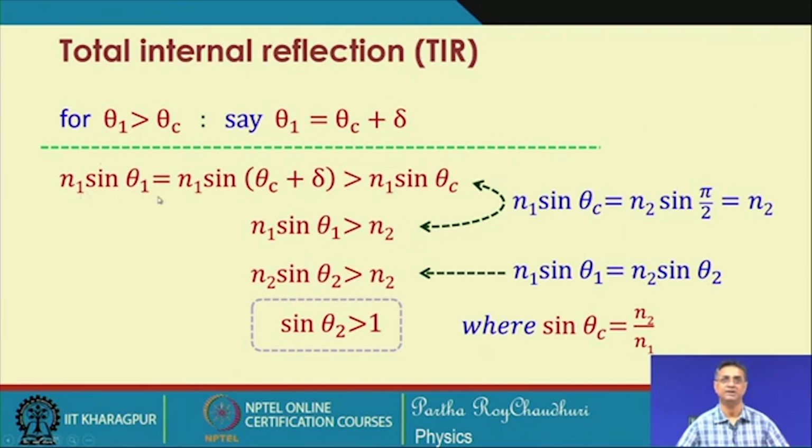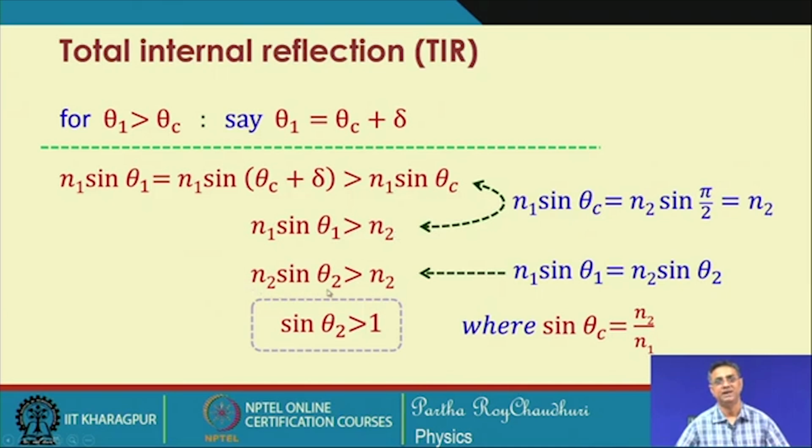That is what I have written, that n 1 sin of theta c plus delta must be greater than n 1 sin theta c, but n 1 sin theta c itself is equal to n 2. So, this quantity must be greater than n 2.